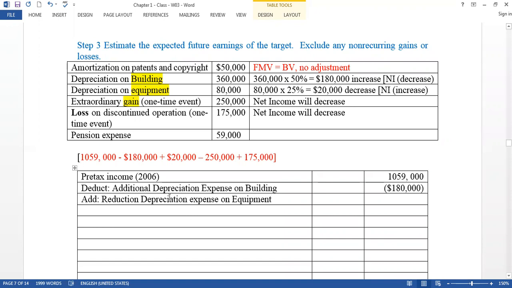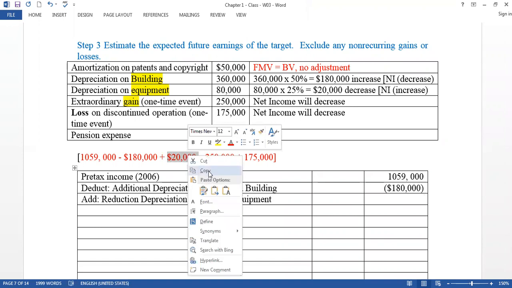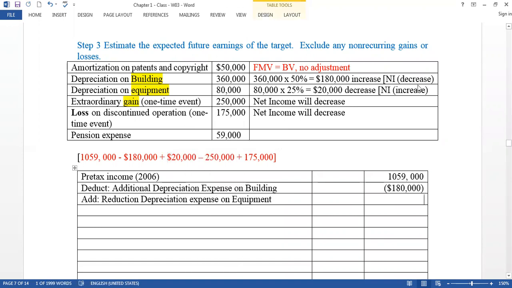So in future, our depreciation expense is going to reduce, right? So our net income will increase. So it is $20,000. I think you understand up to here.